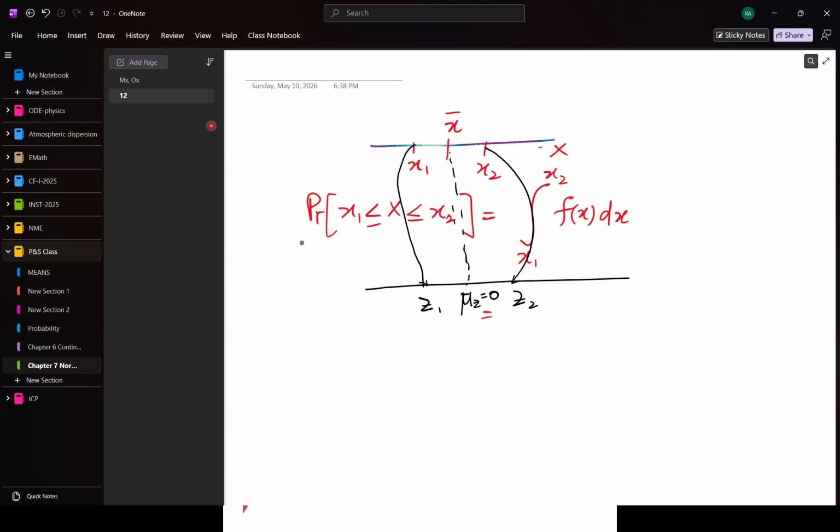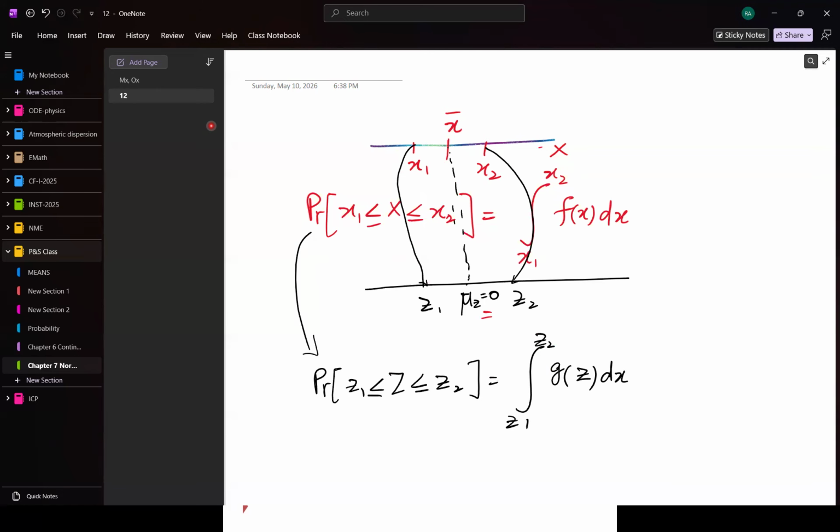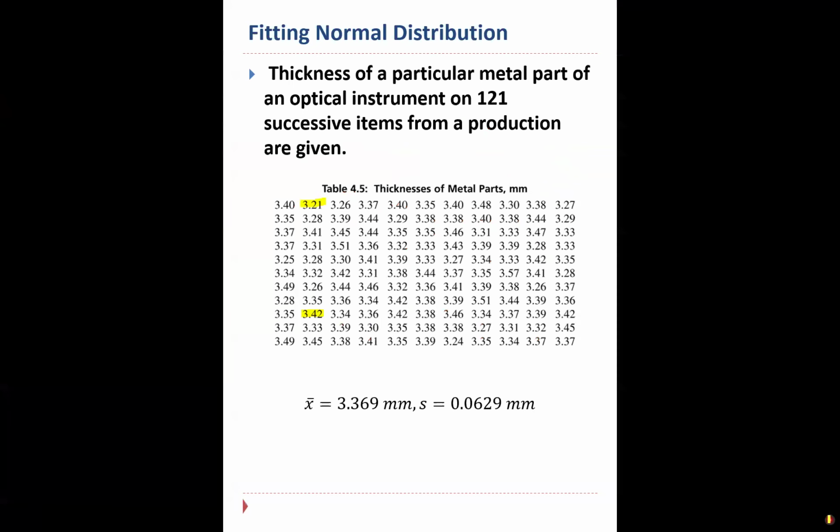So our probability will be likewise converted to the corresponding z values, from z1 to z2, under the standard normal distribution function.